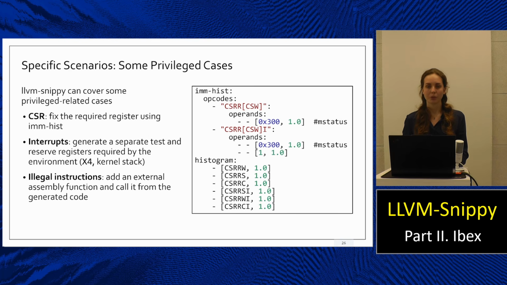The same approach can be used for other scenarios that are easier to close with a small assembly test. So for the privileged part, we can still target individual important cover points.